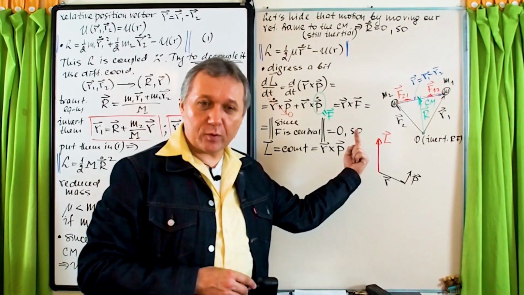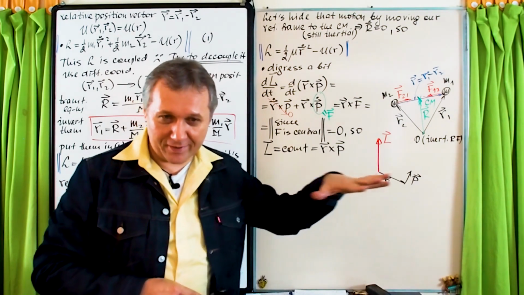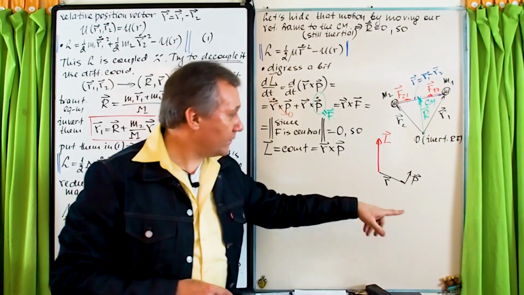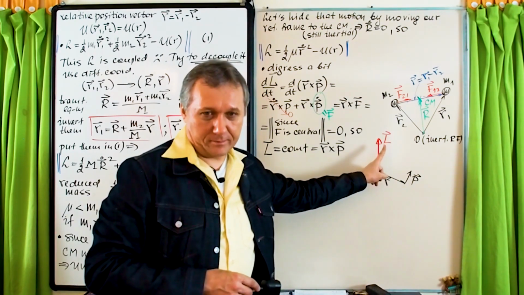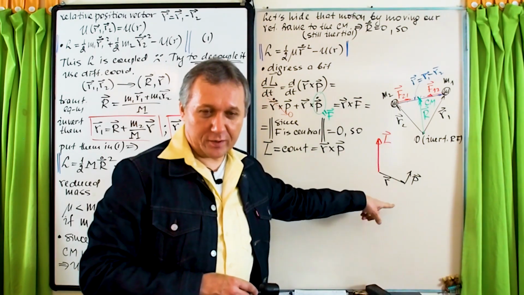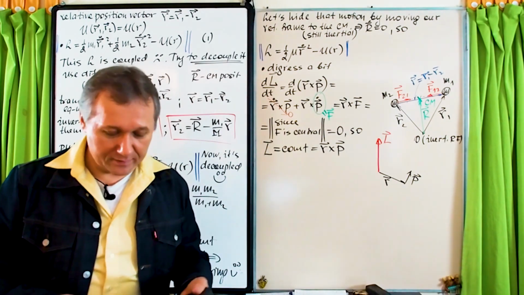That is possible only when R and P lie in the same plane. If they are not in the same plane, this L will start wobbling. So from here we can say that R and P lie in the same plane.